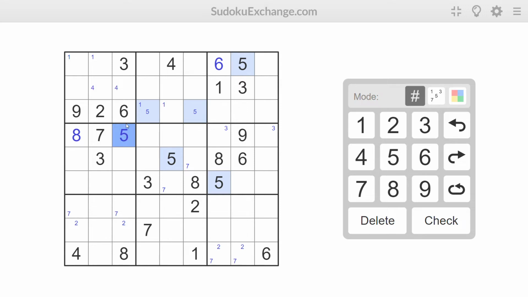And since these two cells see this 5 here, this 5 takes care of this cell, so there are 5s here. Right, this 8 and this 8 take care of this and this and this, so a pair of 8s here.